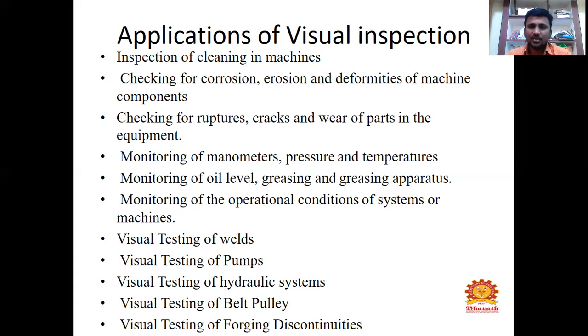And forging discontinuities, that also we can find out by visual inspection. And the pressure and temperature levels, whatever material or methodology you use, the results we can see in the visual inspection method. Already I told that visual inspection is not only one particular NDT method; it comes under all the NDT methods.